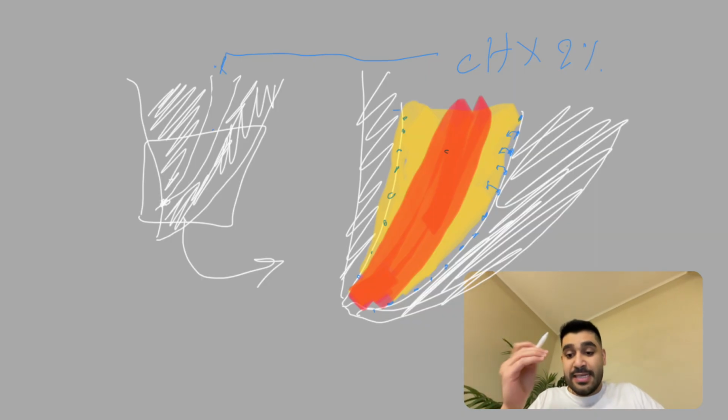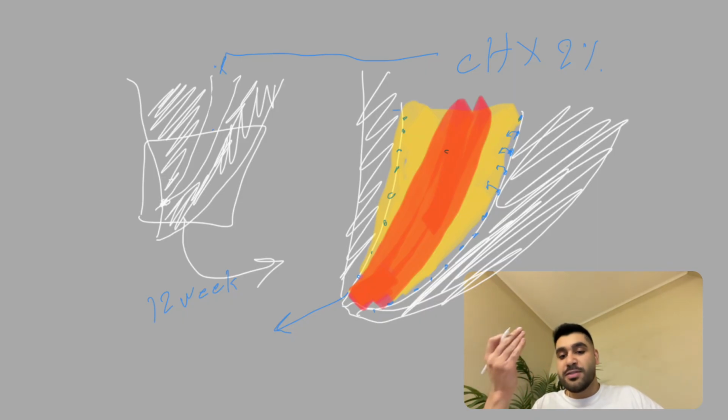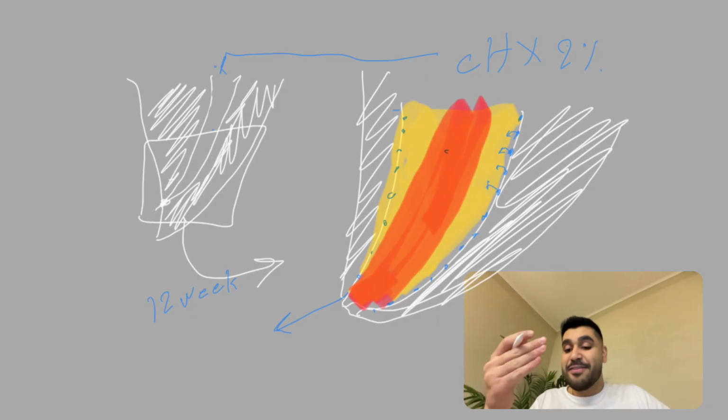Based on the articles, this effect of substantivity will be active for 12 weeks, so around 3 months after the obturation you have antimicrobial effect in the root canals.